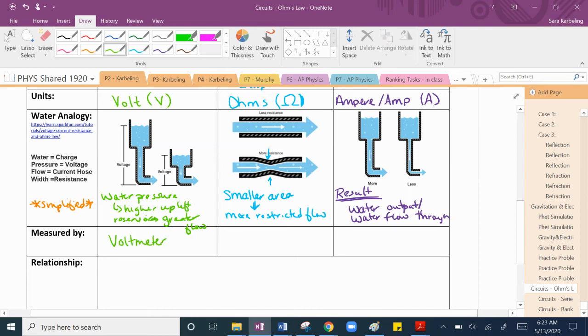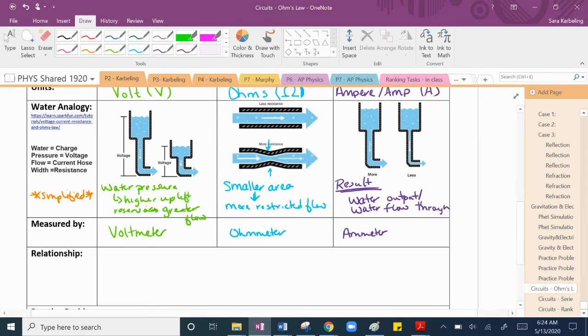Okay, resistance is measured with an ohm meter. And current is measured not with a current meter, which is maybe what you might want it to say, but it's an ammeter. And this isn't something that we would assess you on or test you on, but it's more just so that you're aware of that and you've got those words if you need them.